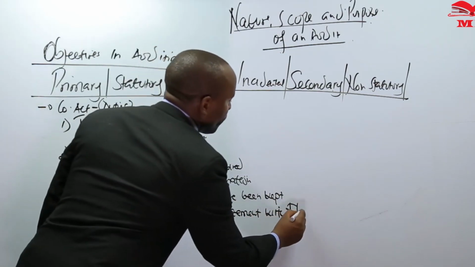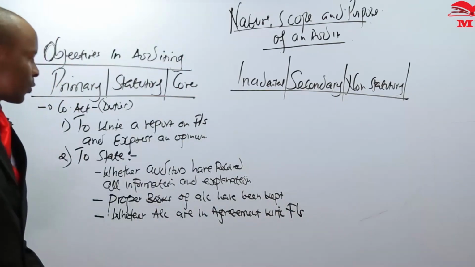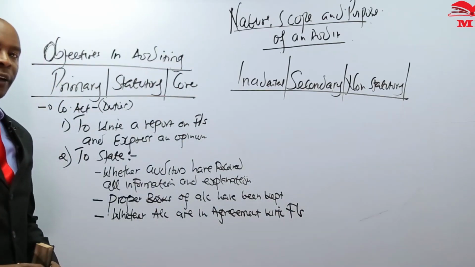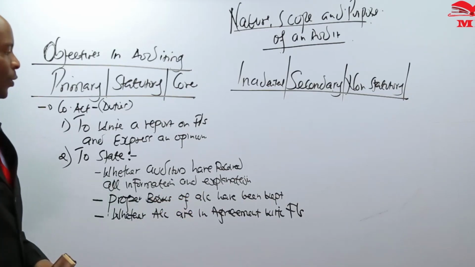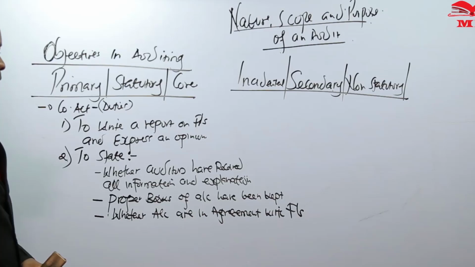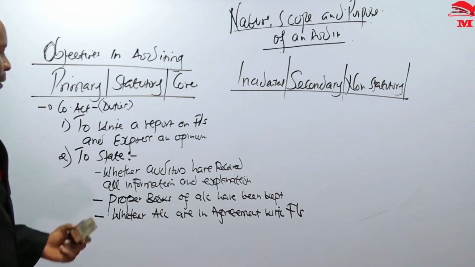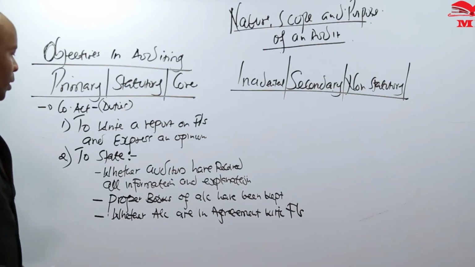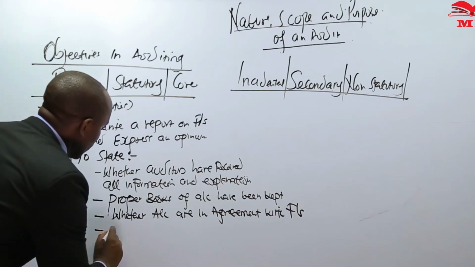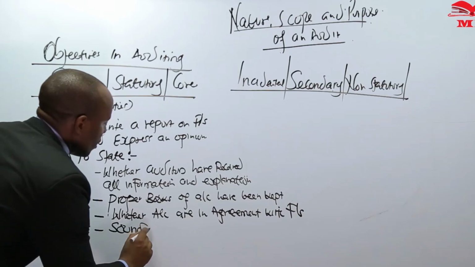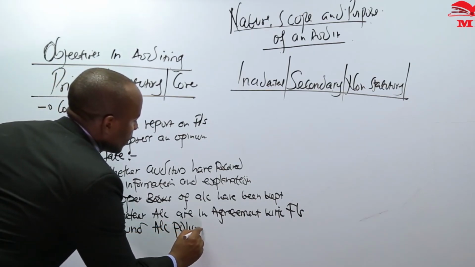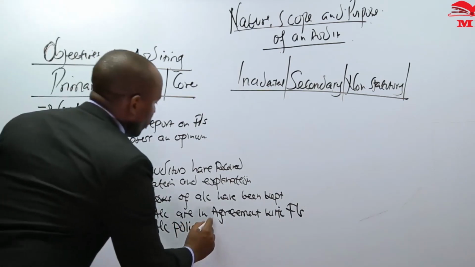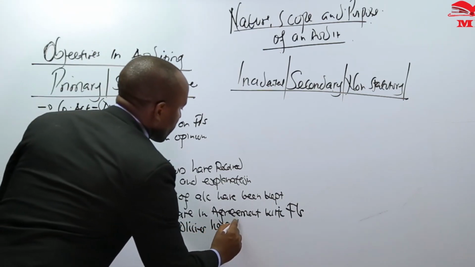Because books of accounts are prepared separately from financial statements, the information in the books of accounts is supposed to be consistent with the information in the financial statement. Lastly, we expect you as an accountant or an auditor to tell us whether sound accounting policies have been used in preparation of the financial statement.